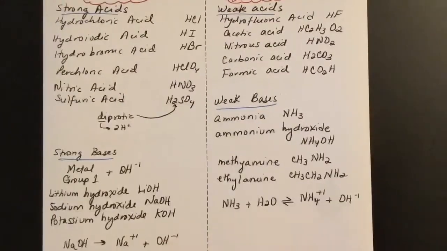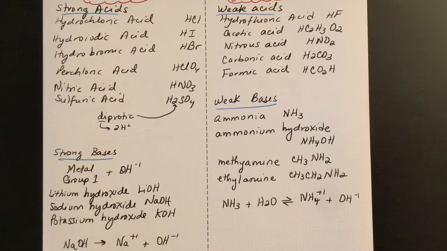Now for the weak bases, I have a couple of examples here. We have ammonia, NH3, ammonium hydroxide, which is the polyatomic ion ammonium with the hydroxide ion, and then we have some compounds containing nitrogen, which are actually derivatives of ammonia.